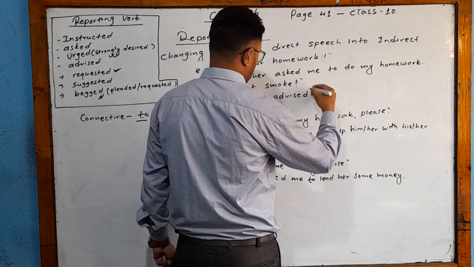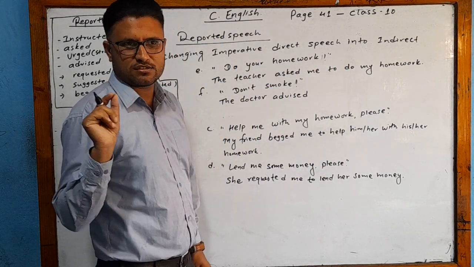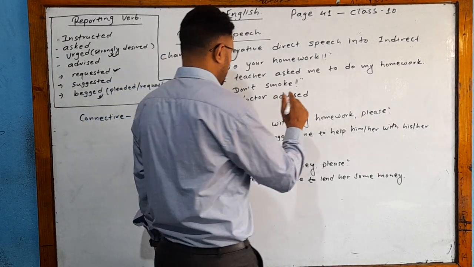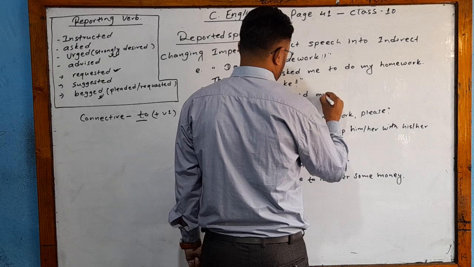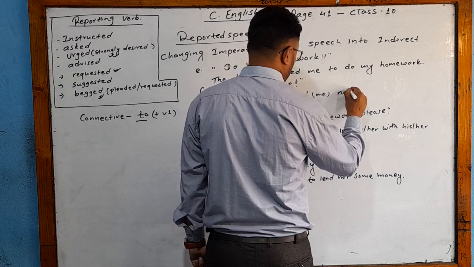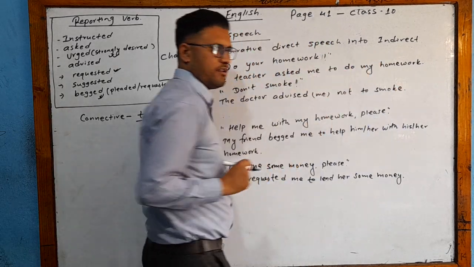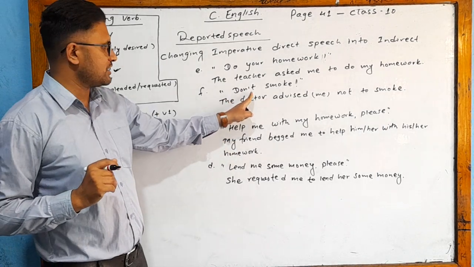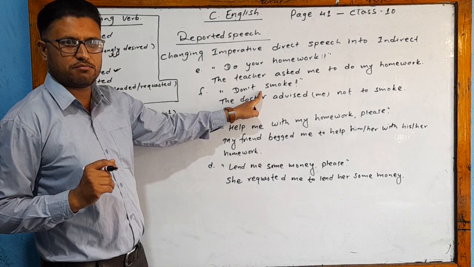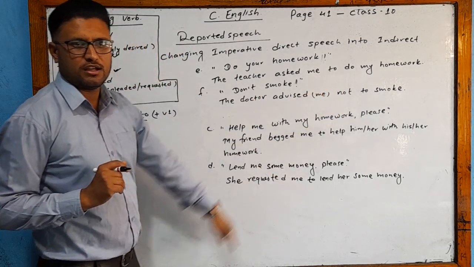You can write not to smoke, or you can write even me as object. The doctor advised me not to smoke. Look at it. Why not to? Because the to plus not is used in the beginning.